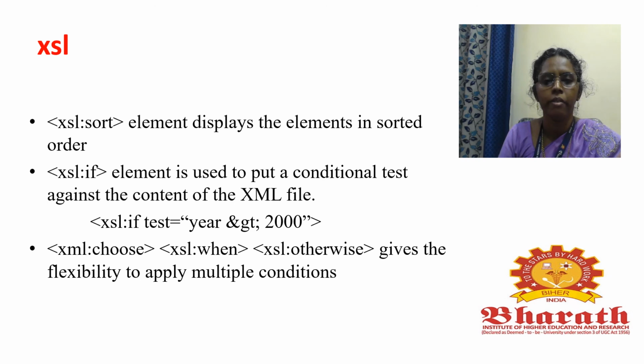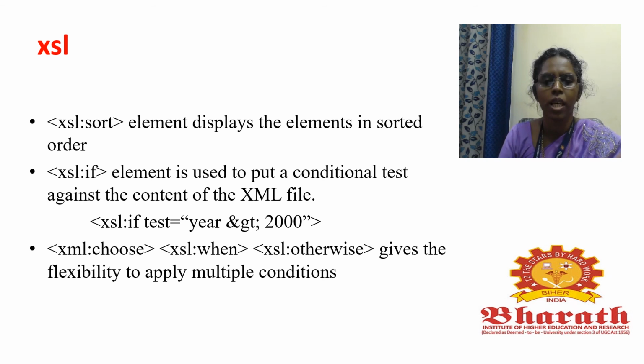Then xsl:if is used to perform some condition against the data. So xsl:if test is equal to year greater than 2000. The meaning is the year should be greater than 2000. So that type of validation can be done through this XSLT element. And xsl:choose, xsl:when, xsl:otherwise.